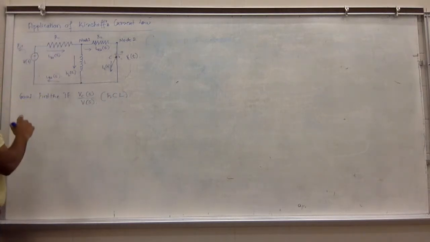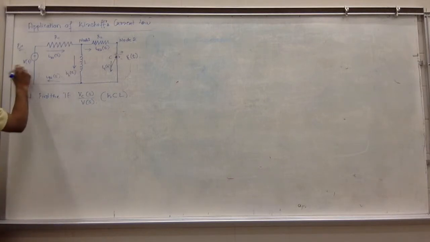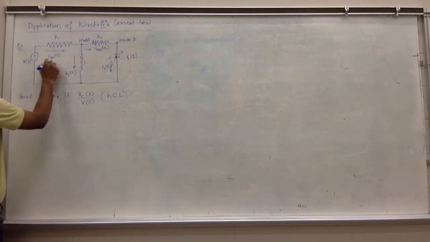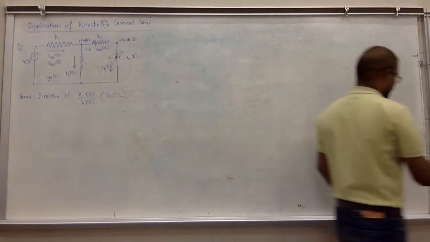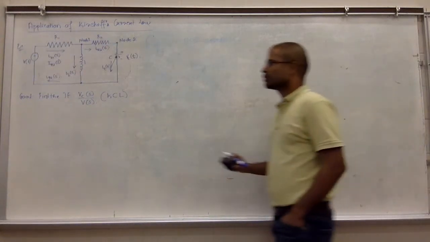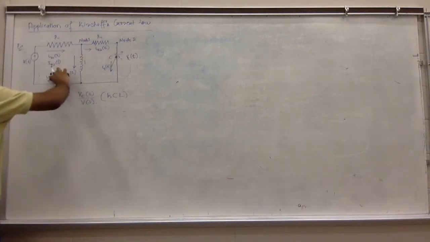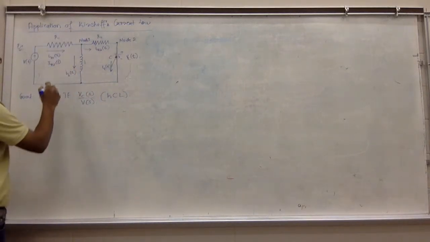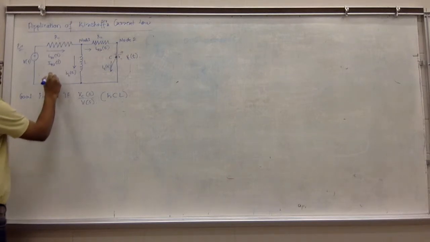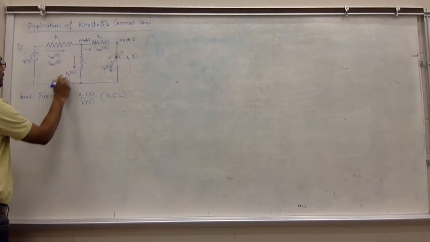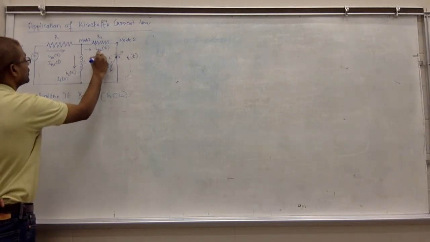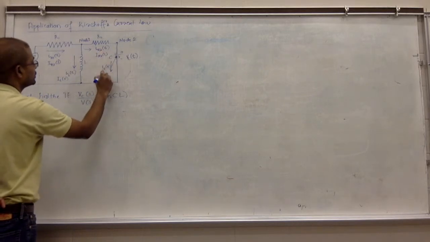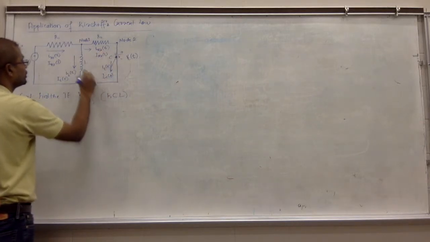Now if you write the impedances and the inputs, you'll get this as IR1 of S. This is IL of S. This is IR2 of S. This is IC of S. This is the output.